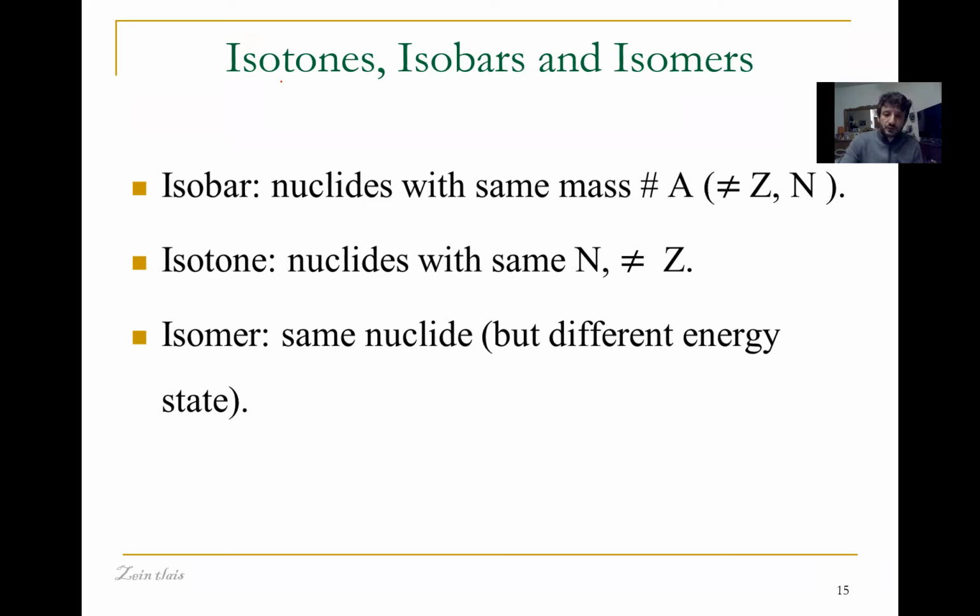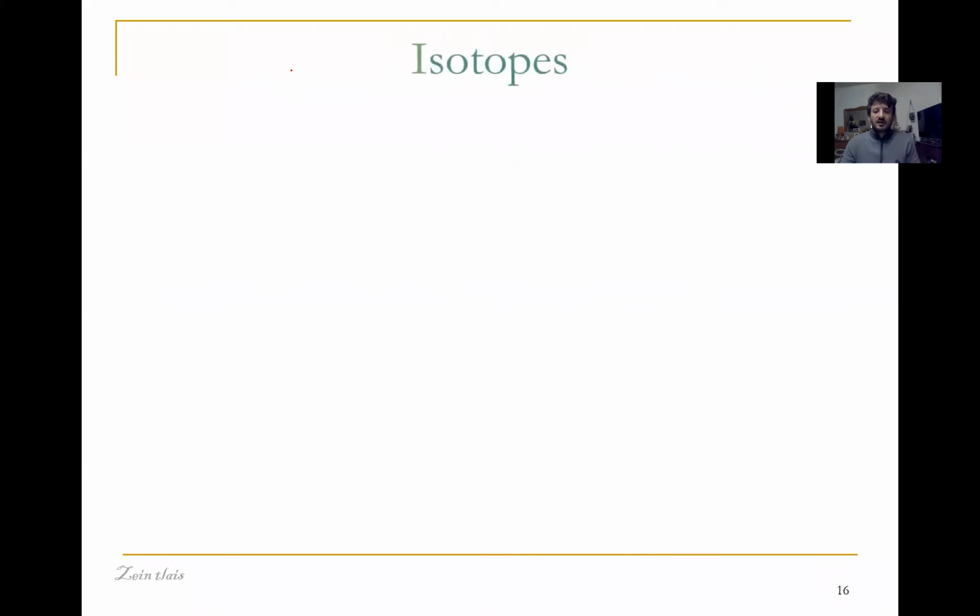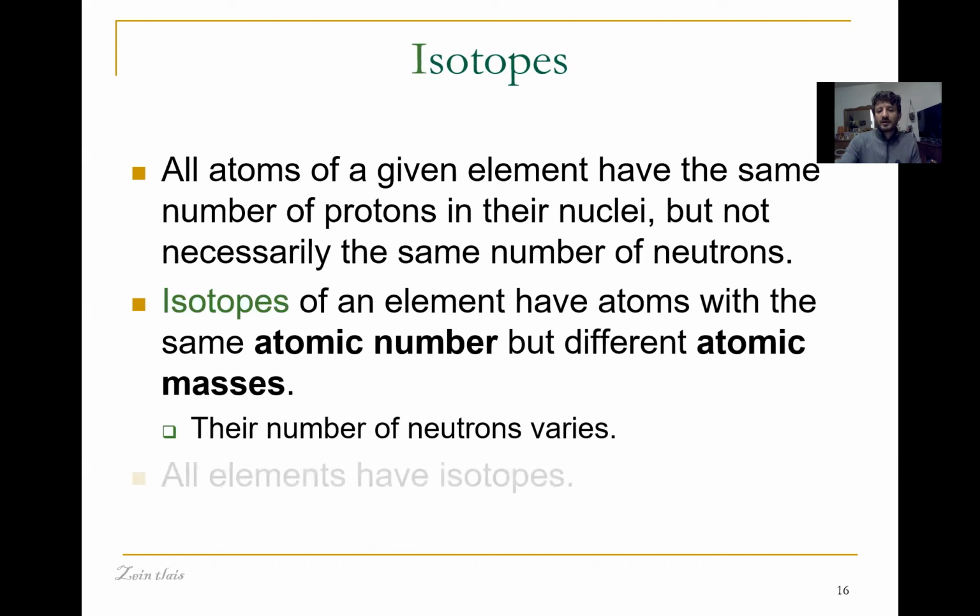We go to the isotopes. In the case of isotopes, you know well, you have the same number of protons, okay? We say we have the same atomic number, but we have a different number of neutrons and mass number A. For example, we talked about the carbon.